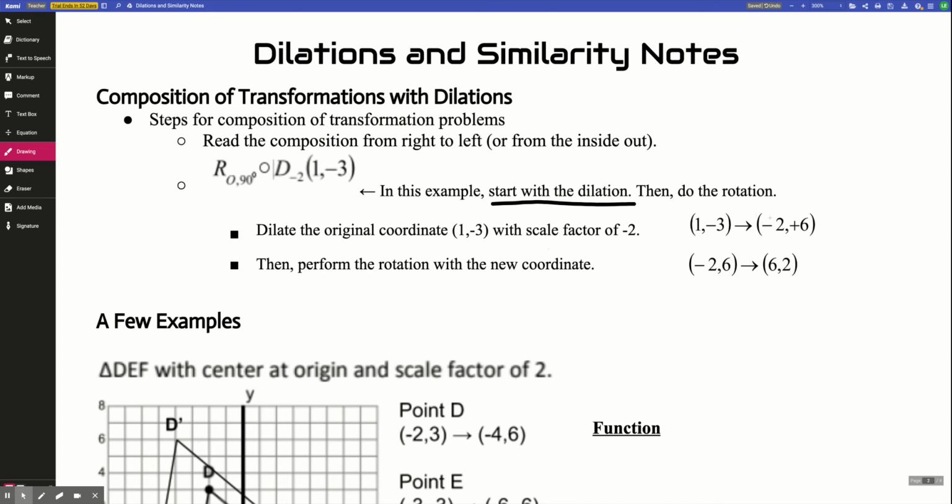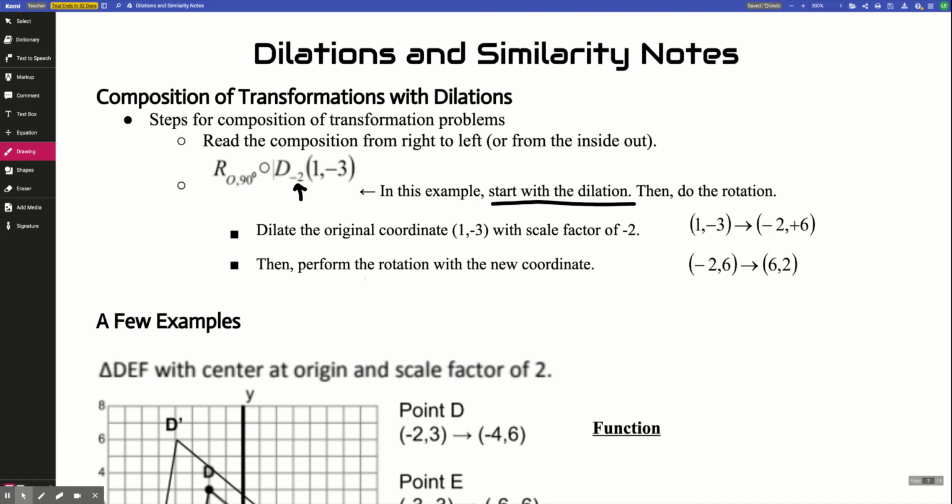I give you an example here and show you how this coordinate point would change. We take the original coordinate point, 1, -3, and multiply it by a scale factor of -2. That point is going to grow and also go in the opposite direction. So 1 times -2 is -2, and -3 times -2 is +6.